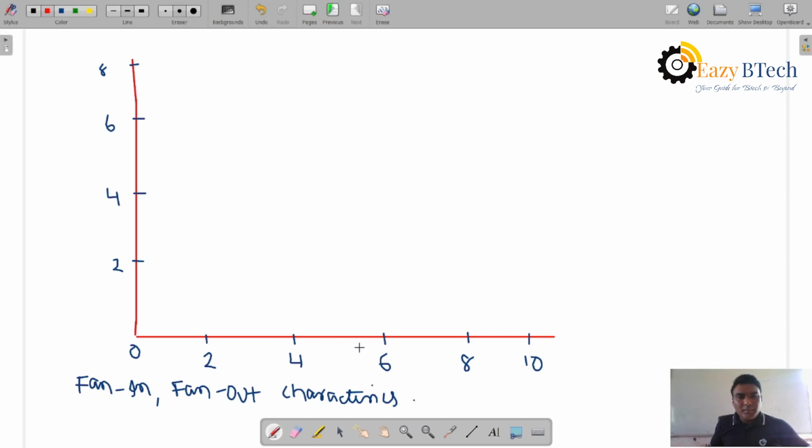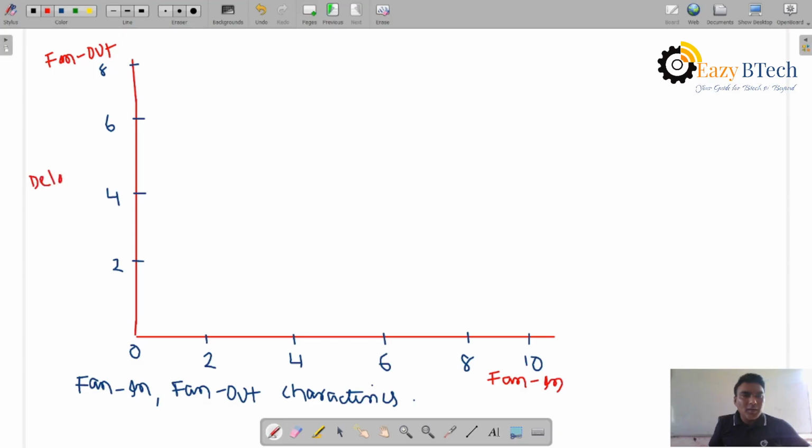Fan in and fan out are the inputs and outputs. So what happens to the delay?